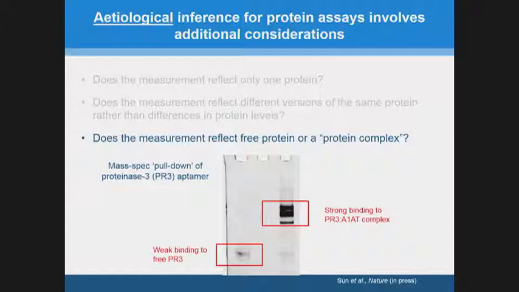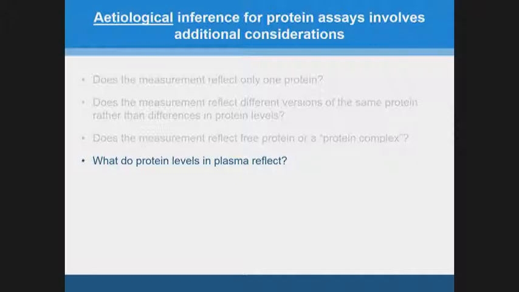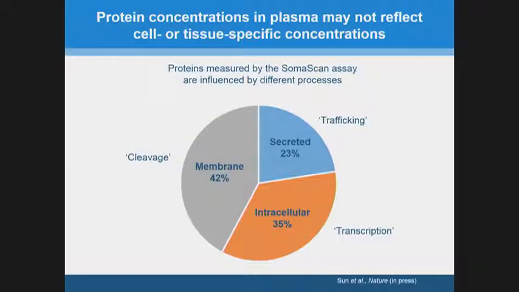Now, this has only been done for a relatively small set of the proteins in this assay system. And in an ideal world with unlimited resources, one would want to do this for all of the systems to really understand the biology. And more fundamentally, and I guess for all of us who are interested in blood-based epidemiology, is how far can blood take us? What do proteins in the blood reflect? Well, we know that there are more than 200 cell types in the body, and there's increasing evidence of cell type specific and context-specific effects.